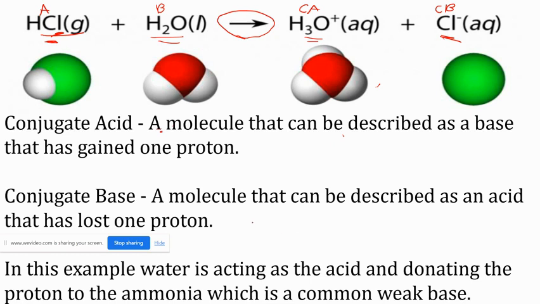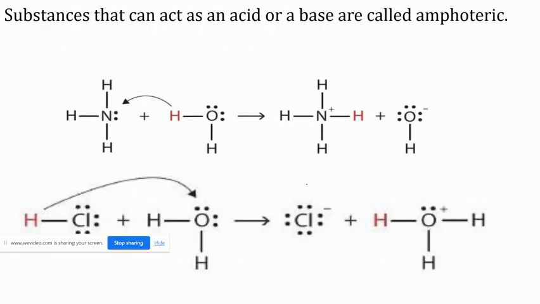All right. Now, in the next example, water is going to donate the proton over to this ammonia. So in this case, you've got an acid here and your base here. Now water is acting like an acid. If a substance is able to act as either an acid or a base, it's called amphoteric.